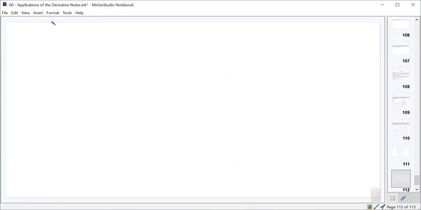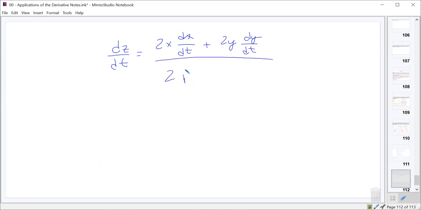Now, if we chose to do this the other method, where we had dz/dt equal to 2x dx/dt plus 2y dy/dt over 2 root x squared plus y squared, we can still just go ahead and plug everything in.